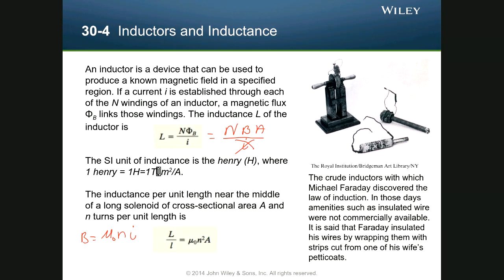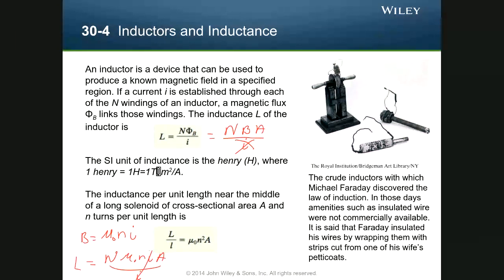We can look at this as L will equal N Phi B, which is going to be equal to B times A, right? And then we want to say that that's going to be over I. So you'll notice here the I's cancel, right?